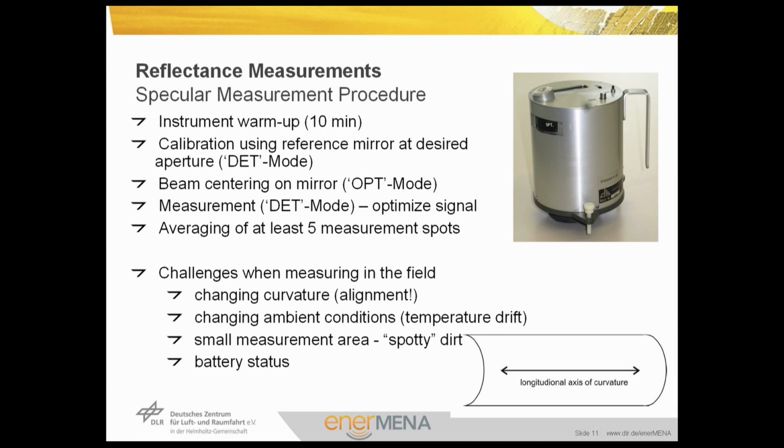Then there can be changing ambient conditions that can lead to temperature drift, or even a low battery status can lead to differences in measurement values. Therefore, care must be taken, for example, to not leave the instrument in direct sunlight and to keep a good battery status. And because we have a small measurement area, if we measure a particularly dirty spot, this can also influence the measurement if the rest of the mirror is cleaner, for example.